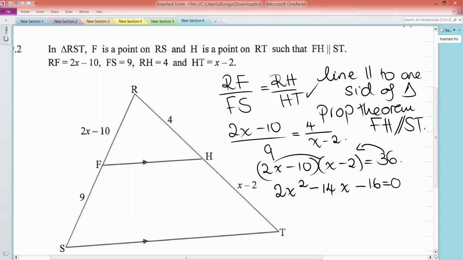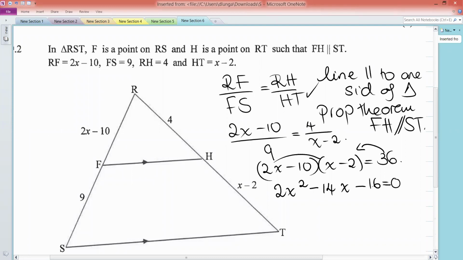I distributed first, and then using inverse operations, I brought the plus 36 over. That's how I ended up with 2x squared minus 14x minus 16 equals 0. At this stage, if you can see a common factor, what's common in all these terms here?